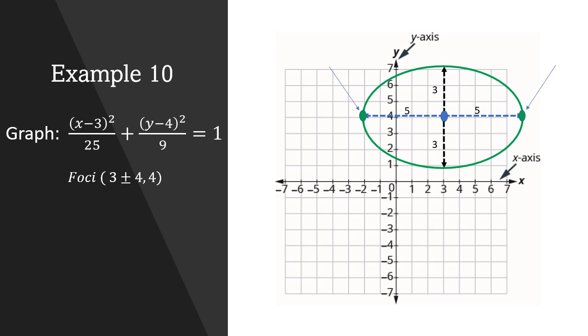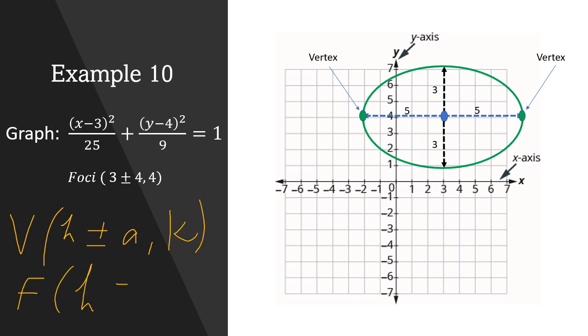Now these are the vertices. Also, keep in mind the equation of the vertices: the vertices are h plus or minus a, and the foci are h plus or minus c, comma k.